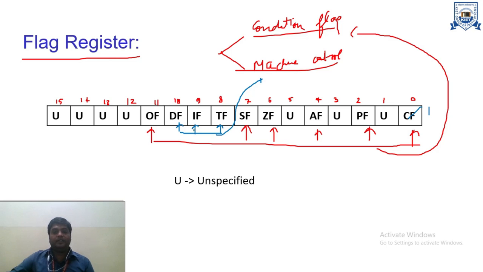In the same way we have the machine control flags. In the machine control flags we have the trap flag, the interrupt flag, and the direction flag. What do we mean by the trap flag?